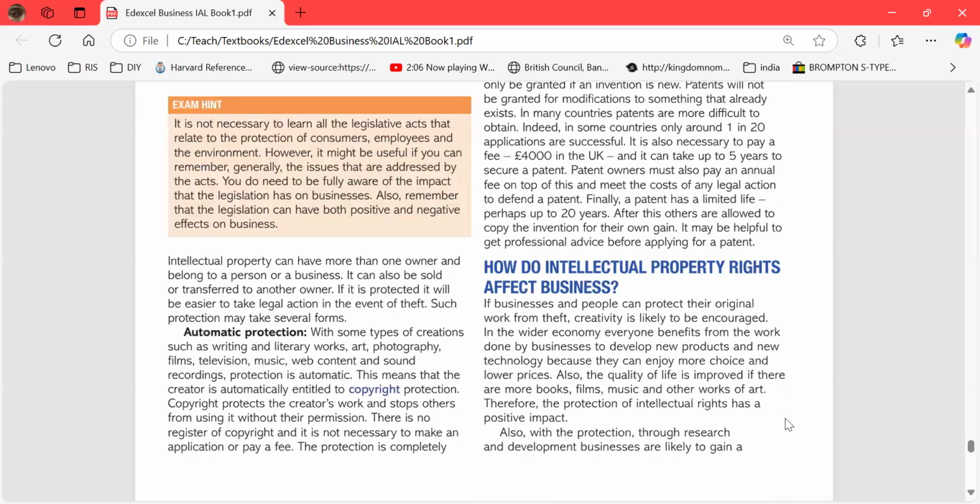Like this book we are going through, this is also a part of copyright. This book is copyrighted under Pearson publication. We are using it for educational purposes, and this is allowed. But if someone tries to photocopy it and sell it, this is not allowed, because this is a very expensive thing.